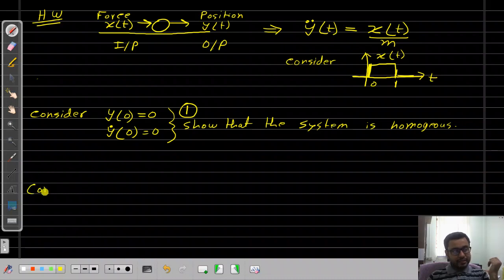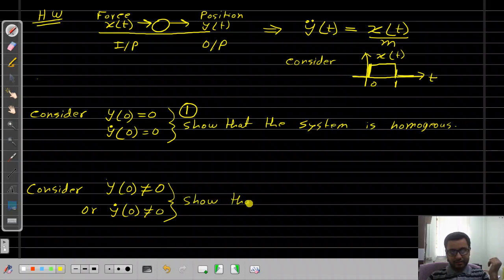Next, after that, you consider, say, y0 initial position not equal to 0 or initial velocity not equal to 0, and then so that homogeneity is not verifiable here. I mean, so that system apparently looks like non-homogeneous.